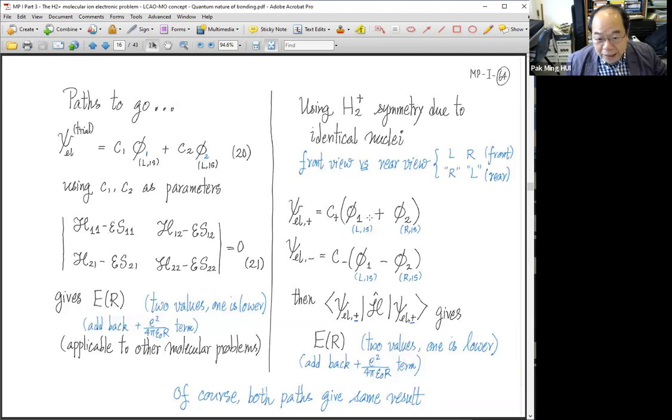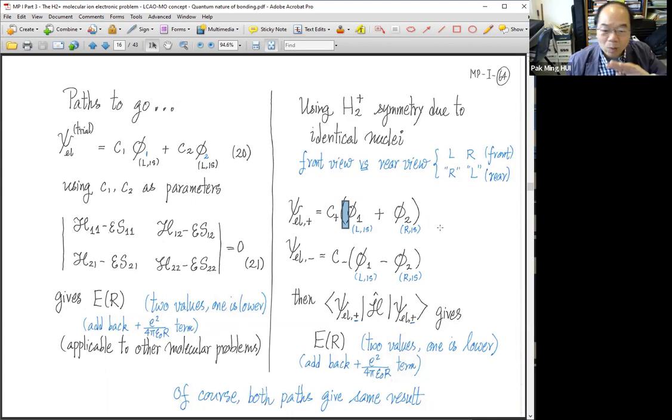Now with this idea, there are only two choices. The coefficients either are the same, both plus, plus, but they are the same. I take it out, call it C plus. So this is the plus linear combination. The other one is the coefficients in magnitude are the same, they're off by a sign.